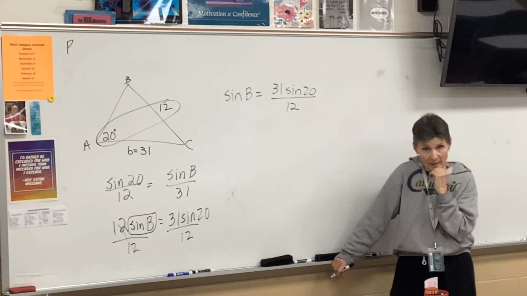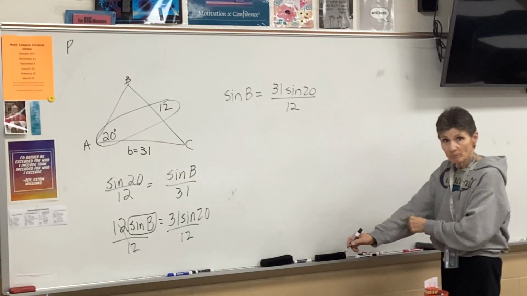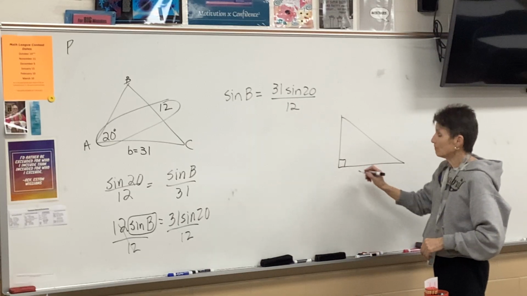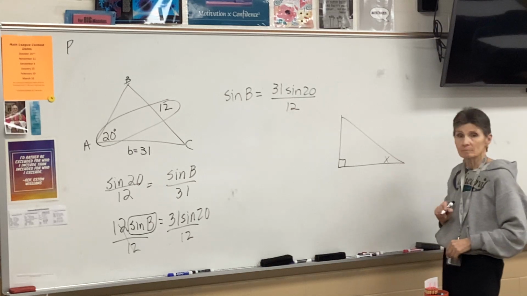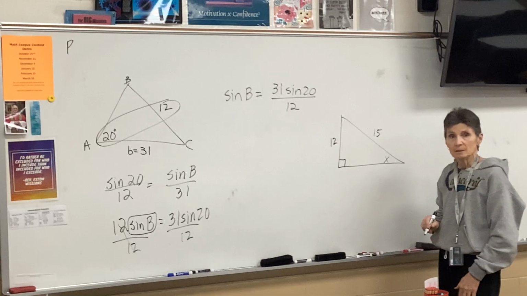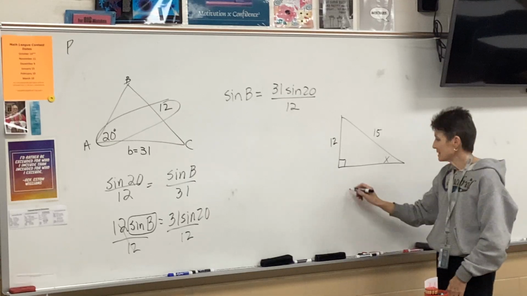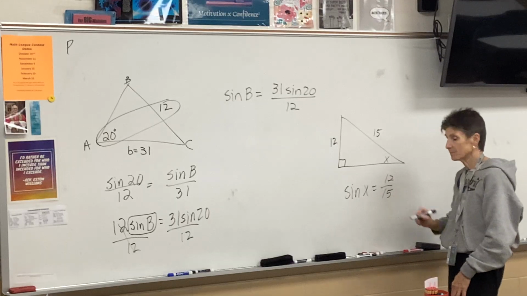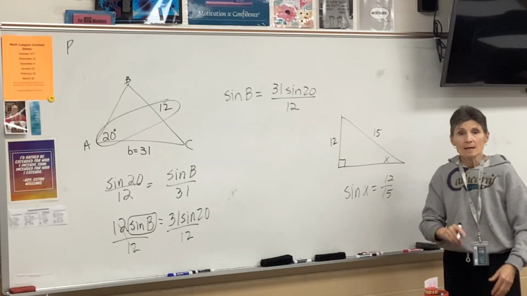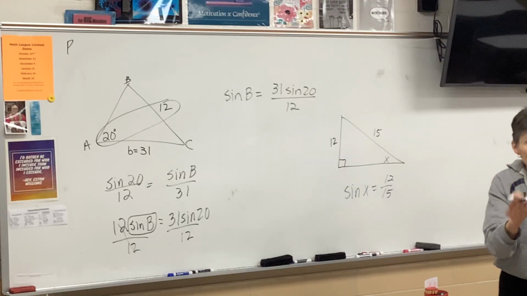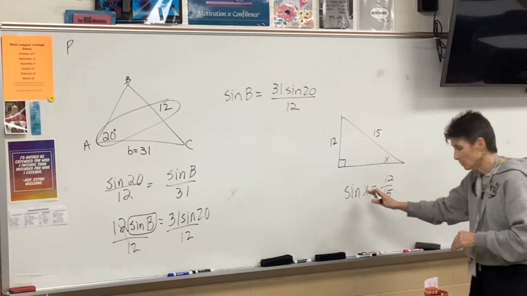I want you to think about, in chapter 4, what we just finished, when we were finding the angle, and we knew this was 12 and this was 15, we wrote an equation that said sine x equals 12 over 15. And then what was I constantly harping at you about? Don't do any arithmetic. Don't multiply by 15.